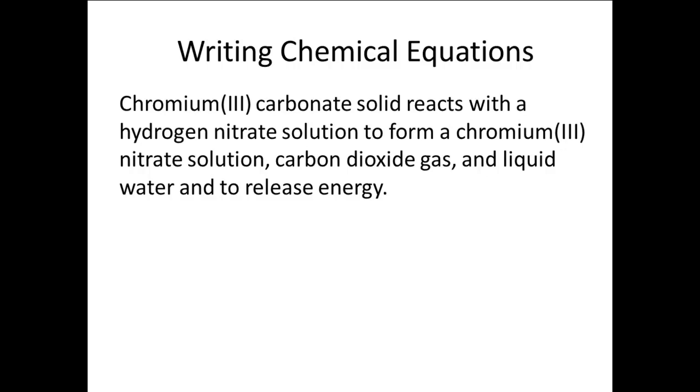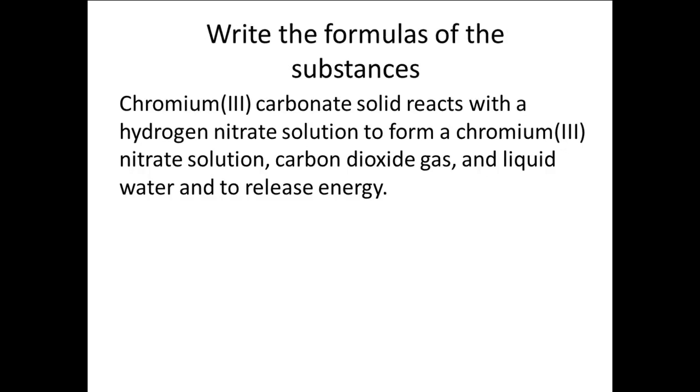Probably the first thing we need to do is to write the formulas of the substances in the reaction. This is something we have already learned how to do. We know how to find the formula from the name for an ionic compound. So we know that chromium-3 carbonate is Cr2(CO3)3, because chromium-3 is Cr3+ and carbonate is CO3 2-.